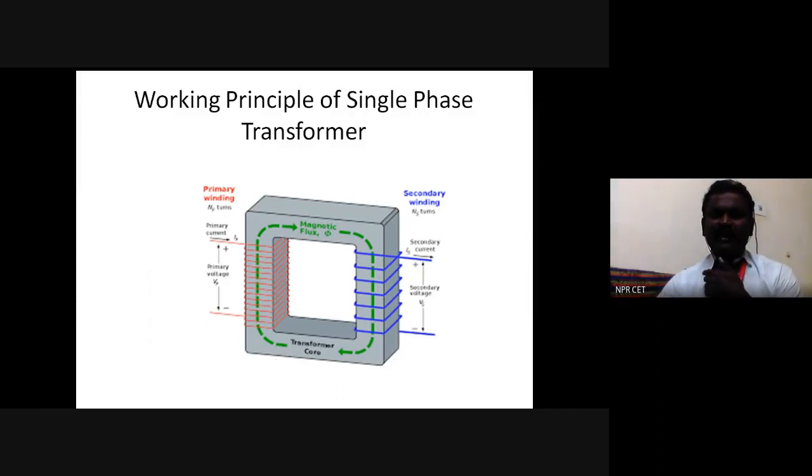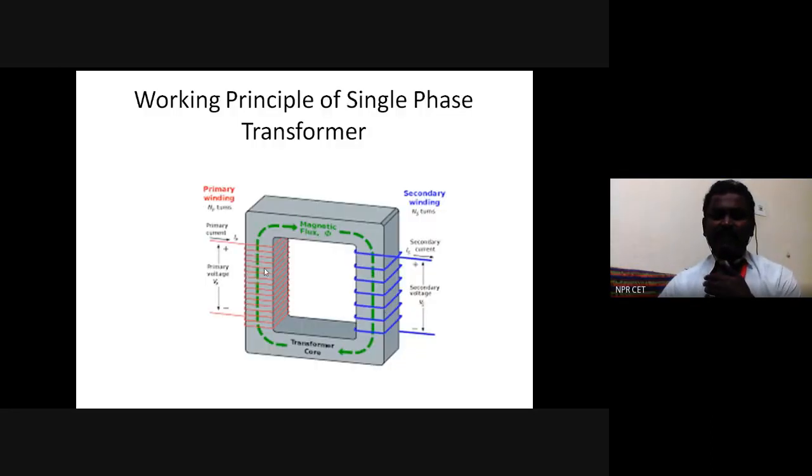The diagram shows the transformer. The left hand side is the primary winding, and the right hand side is the secondary winding. The number of turns in the primary winding is NP, and the number of turns in the secondary winding is NS, right?